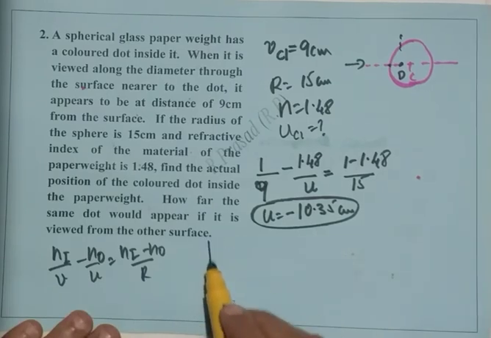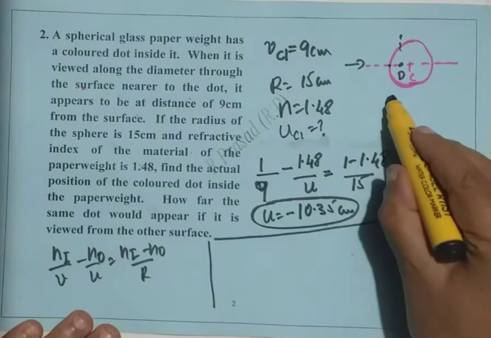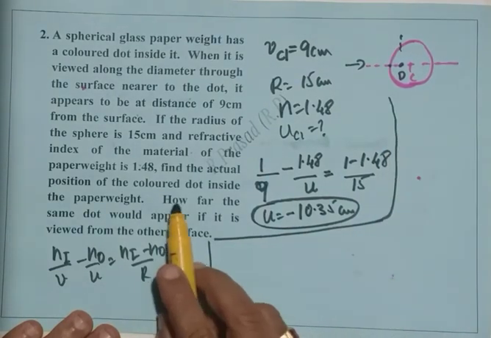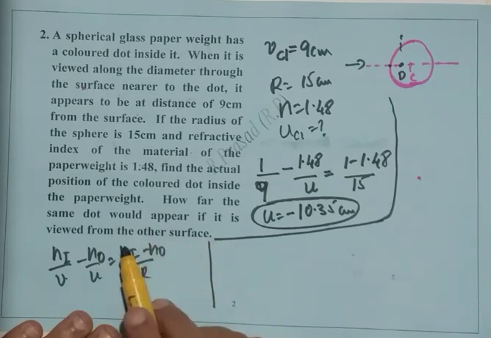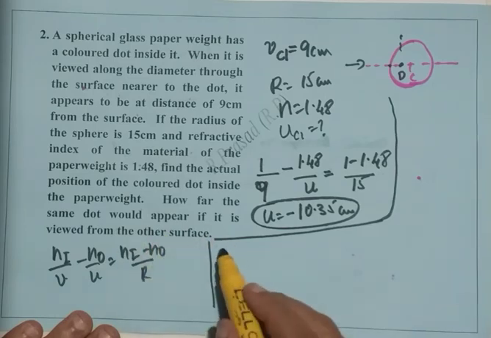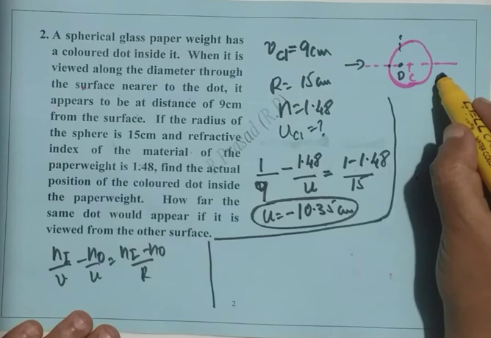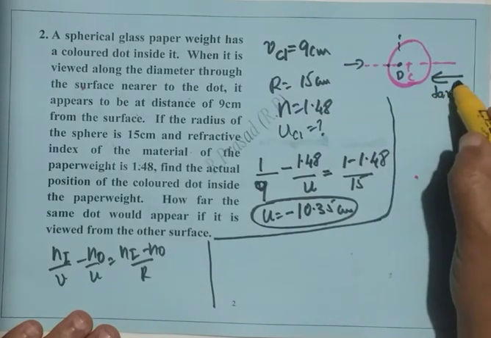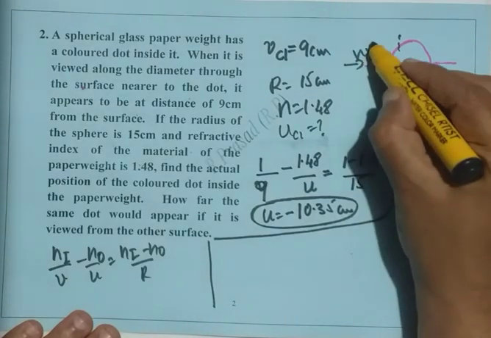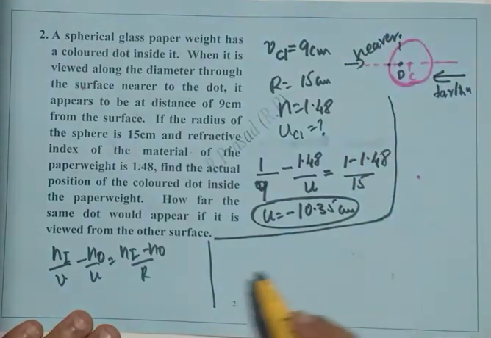Now we read the second part of this problem. How far would the same dot appear if it is viewed from the other surface? Say, from the farthest surface, from the second side. This is the farther side, this is the nearer side.